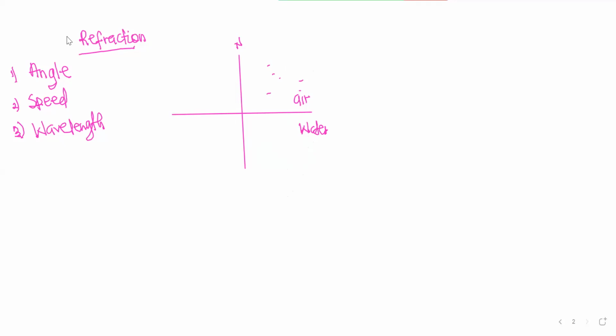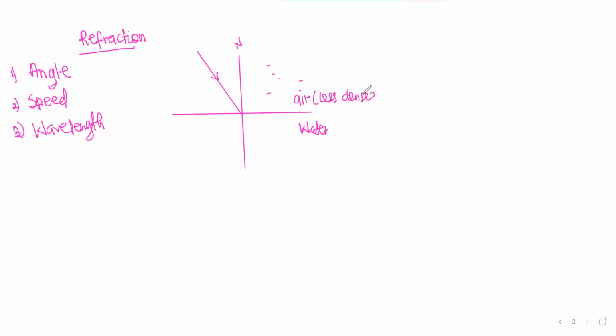So whenever light travels from a less dense medium into a more dense medium, what happens to the path of light? Yes, class. When light travels from a less dense medium to a more dense medium, what happens?